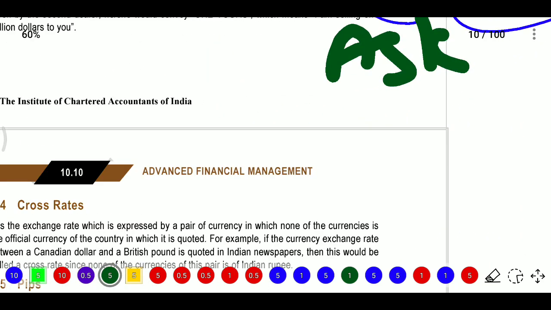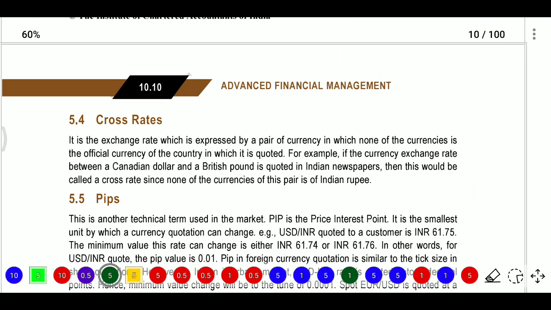Now we have cross rates. A cross rate is an exchange rate expressed by a pair of currencies in which none of the currencies is the official currency of the country in which it is quoted. For example, if the exchange rate between the Canadian dollar and the British pound is quoted in an Indian newspaper, this is called a cross rate, since none of the currencies in this pair is Indian rupees.